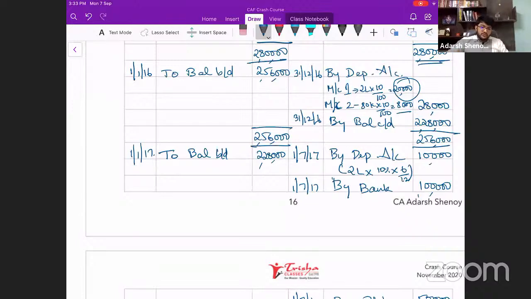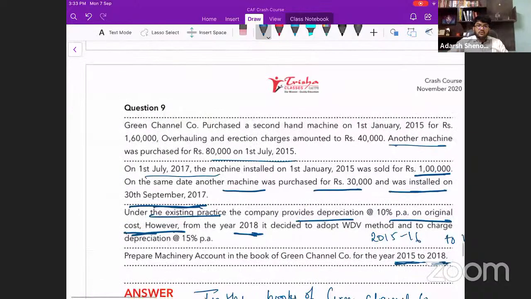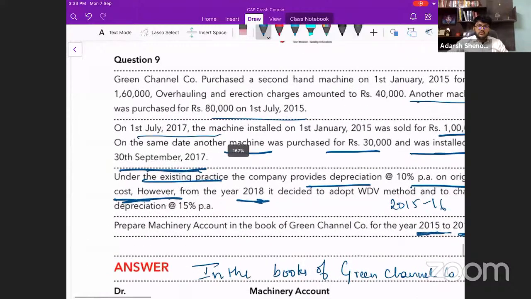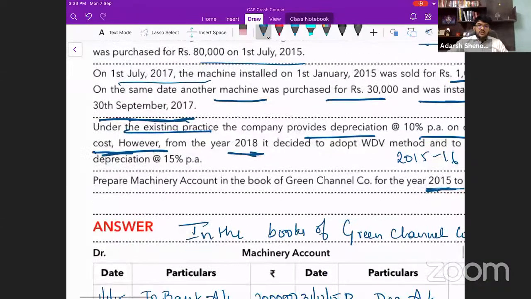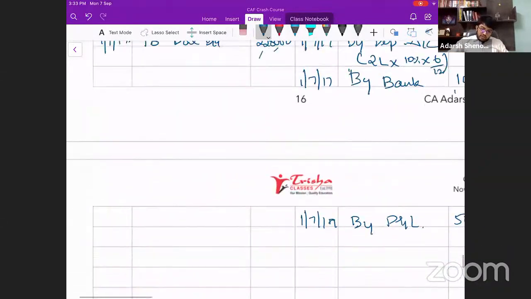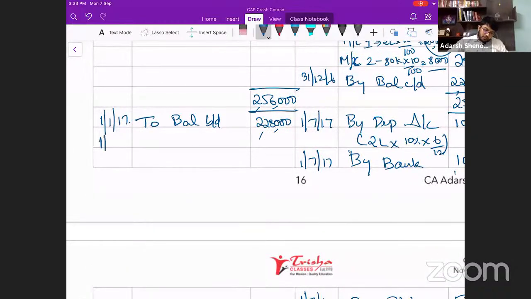When was it purchased? It was purchased on 1/7. So the entry will be from the date of purchase, recorded to the bank account.